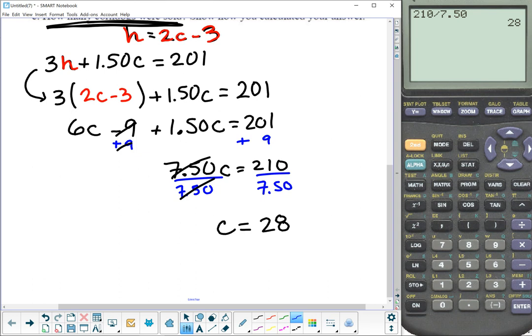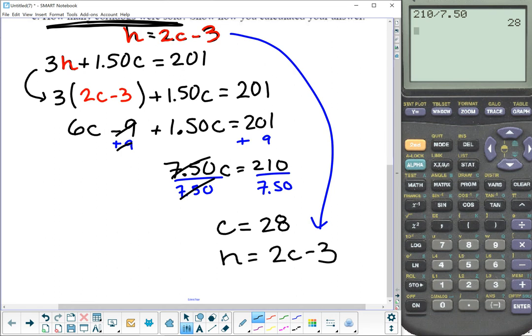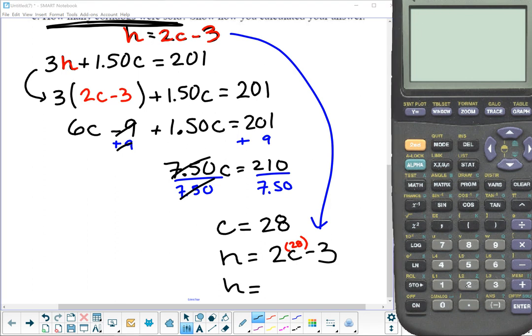If we needed hot dogs, we can also use this equation up there, and say H equals 2C minus 3, and we know C is 28, so we put 28 in place of C. So if we ever needed to know how many hot dogs, we would go 2 times 28.